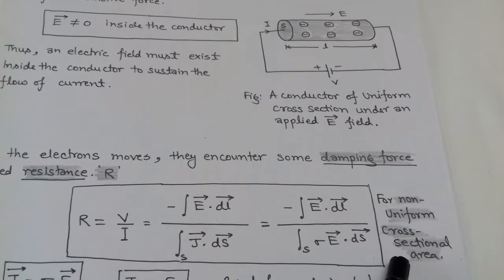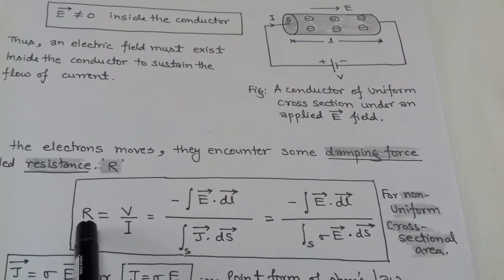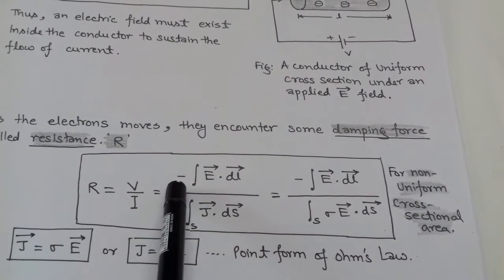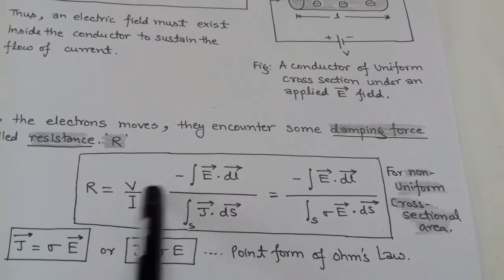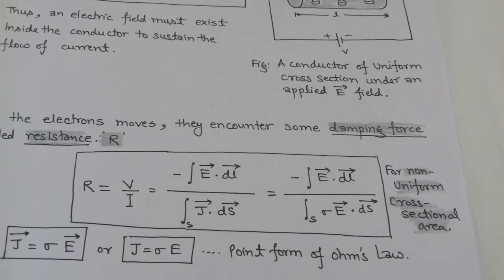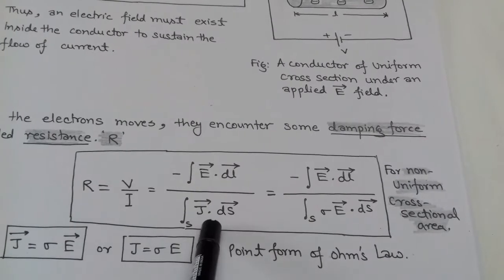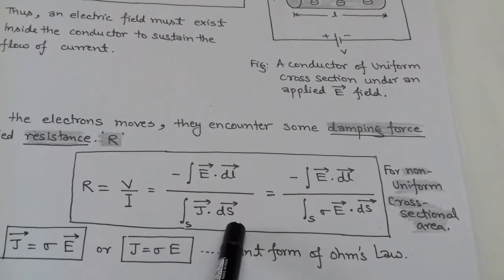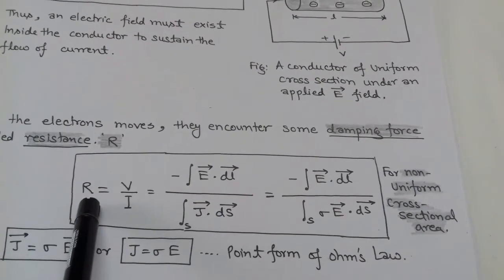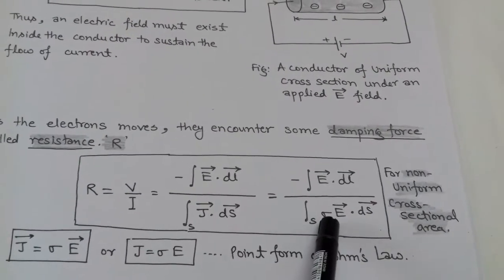If there is a non-uniform cross-sectional area, then the resistance of this conductor is given as V by I, and the potential is in the form of, we know the electric potential formula, minus E dot dl, and current in terms of current density is J dot ds. In this way we can determine the resistance when there is a non-uniform cross-sectional area.